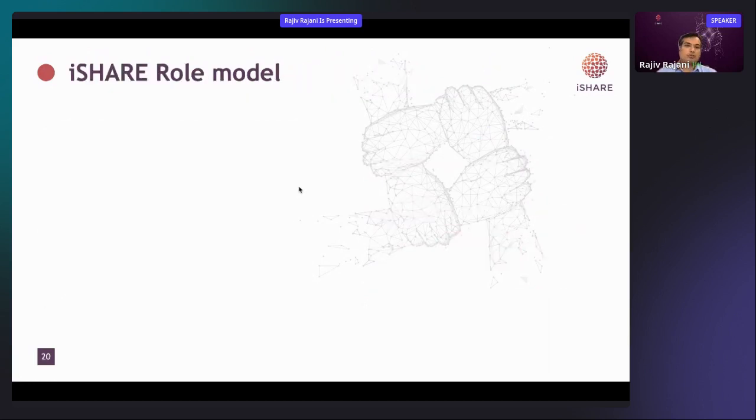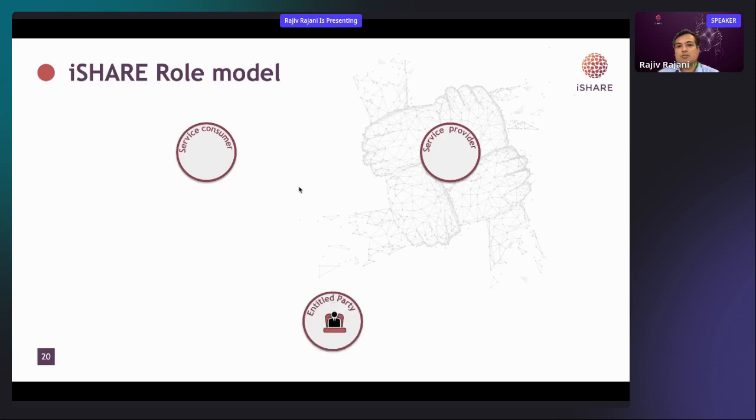So let me introduce to you the iShare role model, because I already showed you some elements of the role model, but let me introduce them now in completion. We basically have, on one hand, of course, the service consumer. A service consumer is basically the consumer of the data. The service provider is the one who is providing the service or the data, and this is usually on behalf of the entitled party or the data owner.